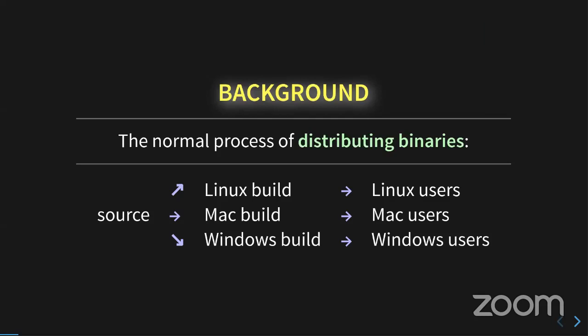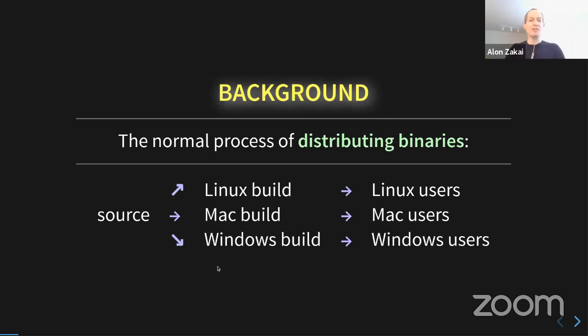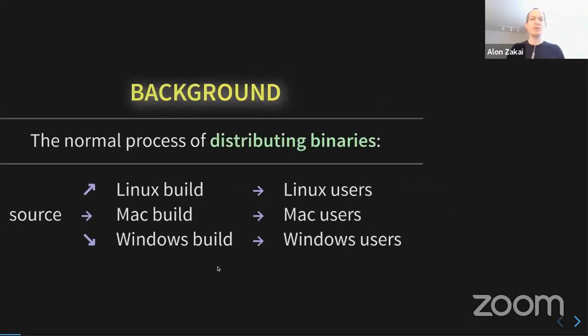This is the normal thing that a lot of people have done. The source code might be 99% the same for Linux, Mac, and Windows, maybe just a little if-defing, but regardless, we still need to make a separate build. So we do have this kind of multiple builds situation.